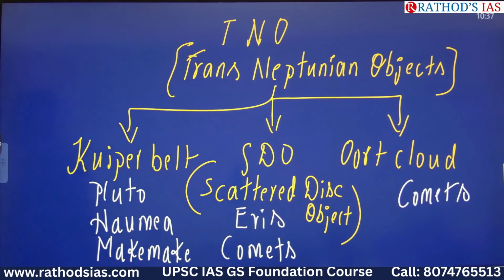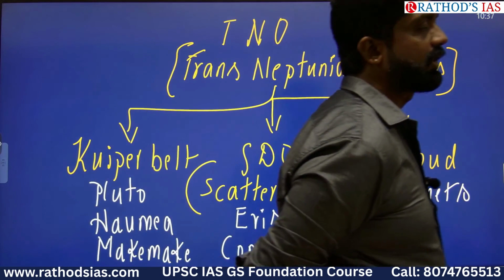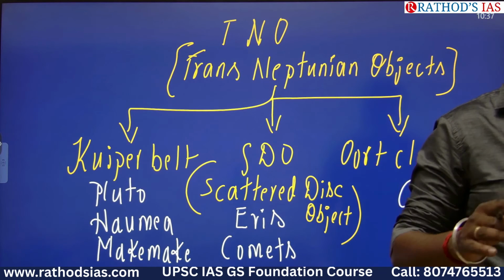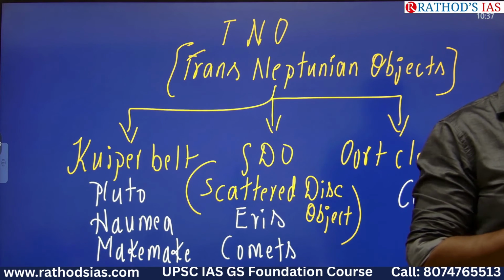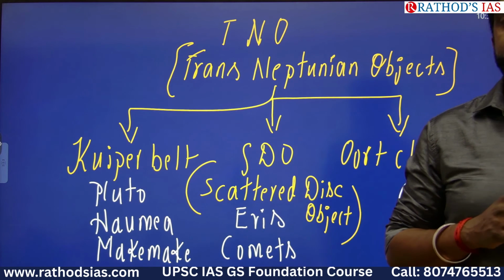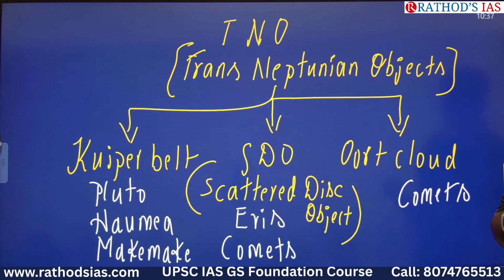As you all know, in our solar system the head of the family is the Sun, and orbiting the Sun there are 8 planets and 6 dwarf planets. Among the 6 dwarf planets, we are done with 4: Pluto, Haumea, Makemake, and Eris.